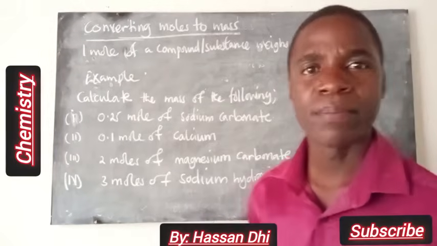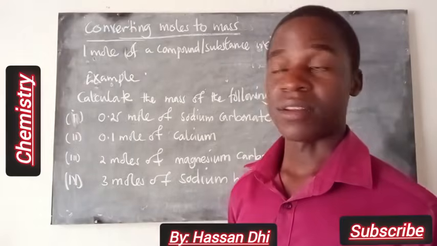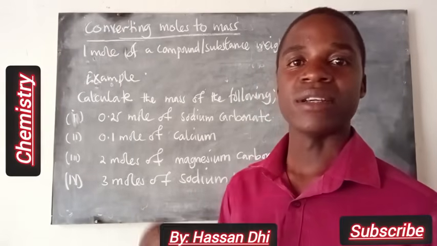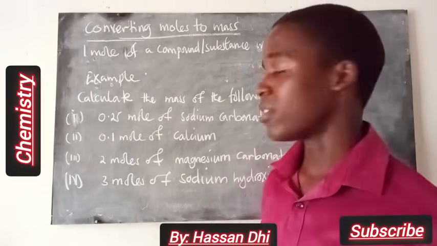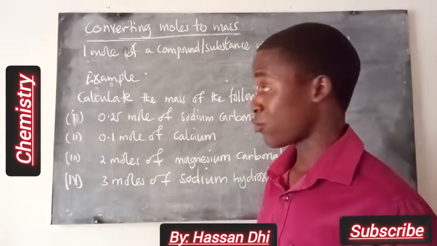In this case, we have been provided with the number of moles, and we are supposed to get the mass in grams that are found within these moles, and that's what we are going to do.